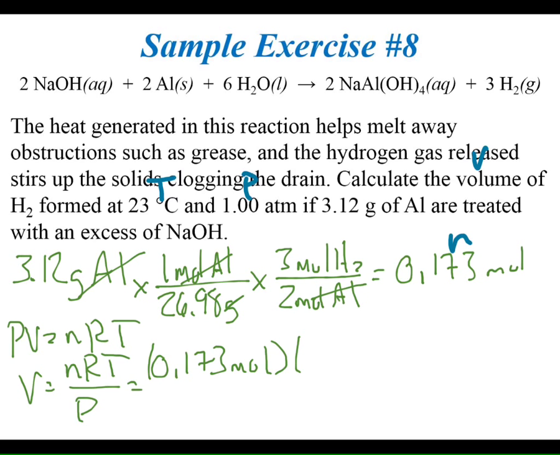R is always 0.08206 liter atmospheres per mole Kelvin.